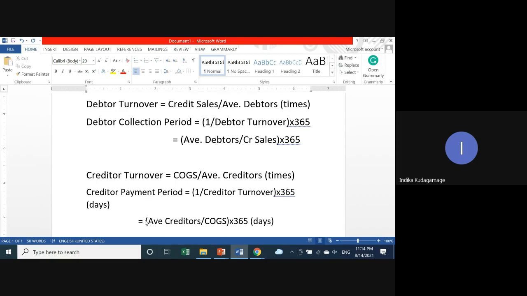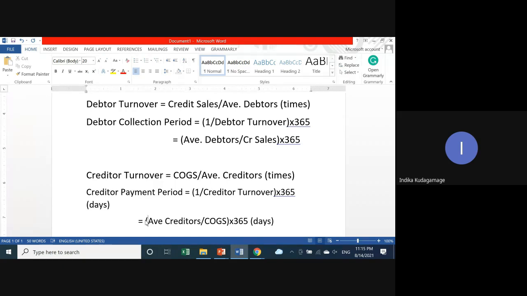Or it says the creditor payment period is 120 days, 150 days, 180 days, like that. Then you have to compare with the industry. Are they getting that much credit? If they are getting credit, there can be a few scenarios. Yes, they are getting credit, but with a premium.